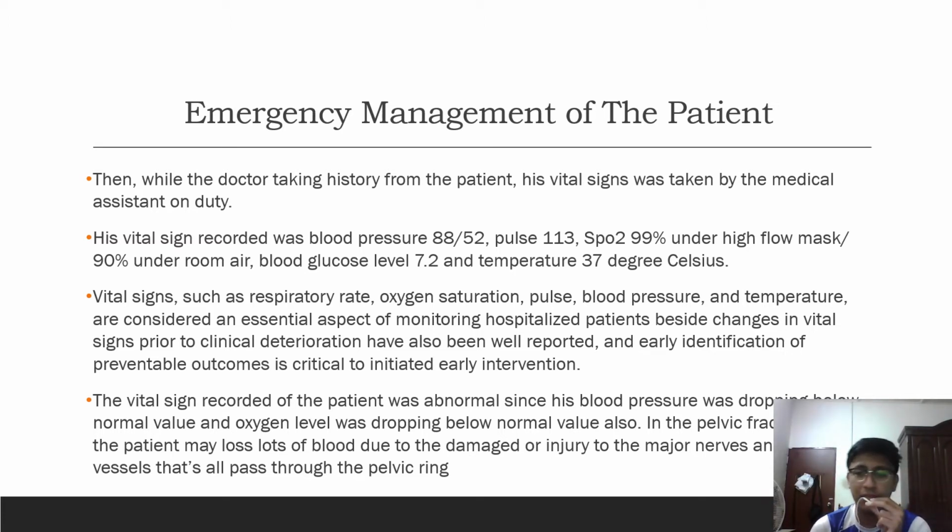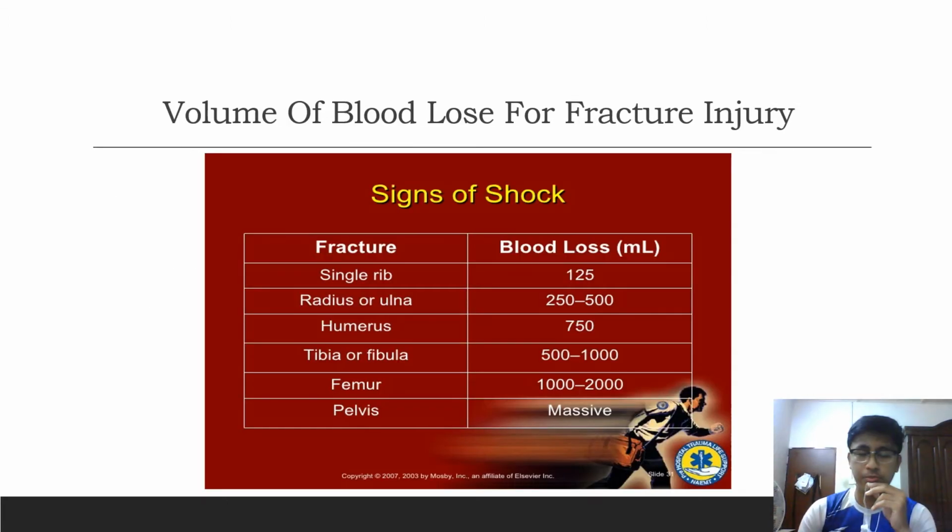In pelvic fracture injury, the patient may lose lots of blood due to damage or injury to the major nerve and blood vessel that all pass through the pelvic ring. How do we know the volume of blood loss for fracture injury? This is the volume of blood loss for fracture injury. For single rib fracture, blood loss is 125 ml.